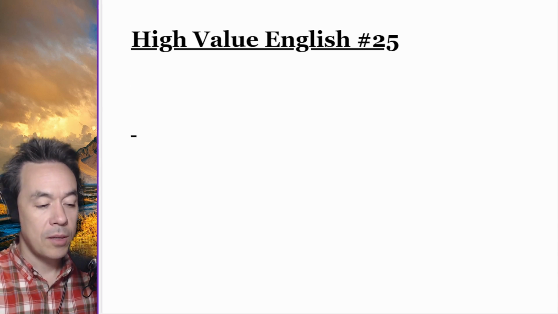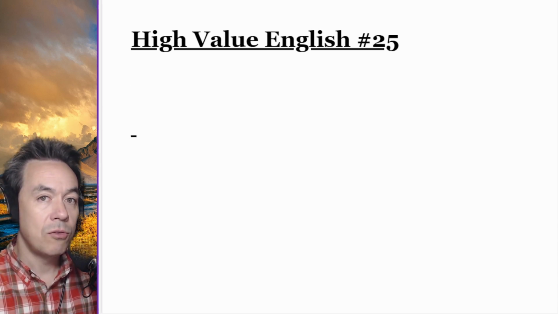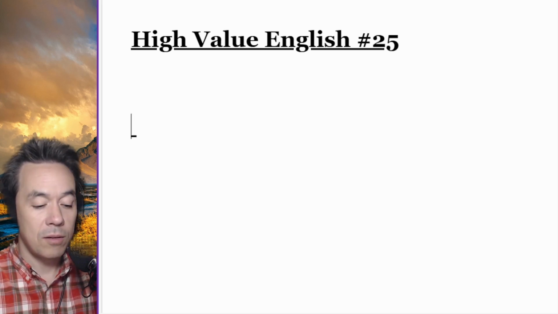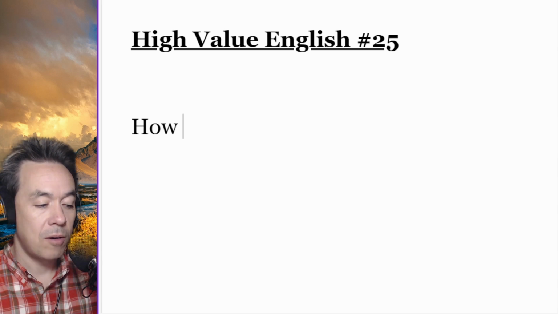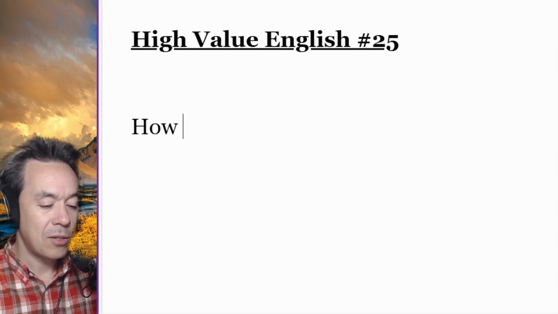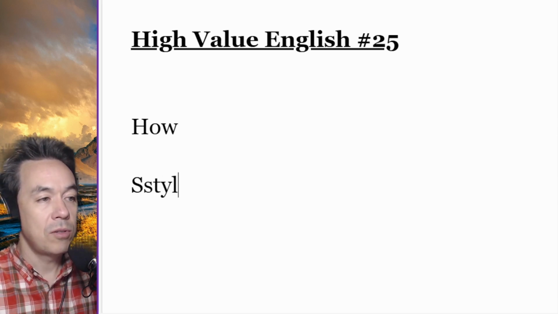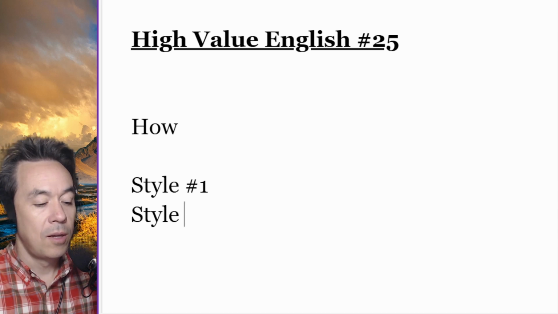And this is a topic that usually I break into two separate lessons, but we're going to try to do them both in one lesson. This is the word how, which is pretty tricky for my students, especially when listening, because there are two styles. I'm going to say style number one and style number two.